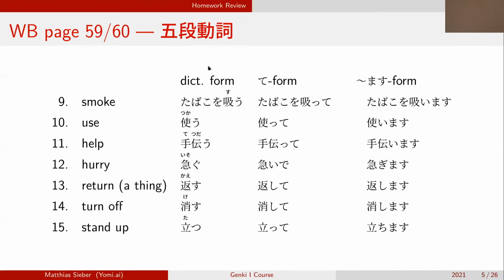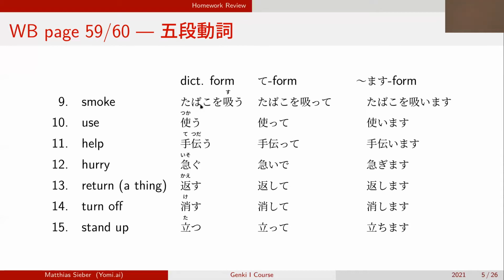Next on the same page 59, and then going into page 60, we have some godan doshi, the u verbs. To smoke, like tabako o su. You might think the writing is weird because tabako is in hiragana. There's actually kanji for tabako as well.